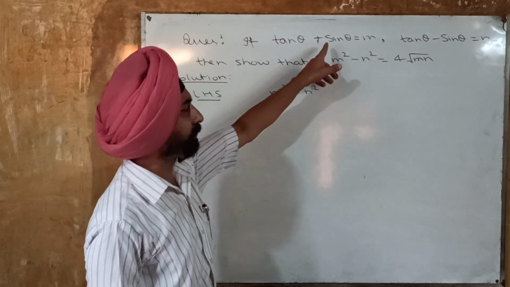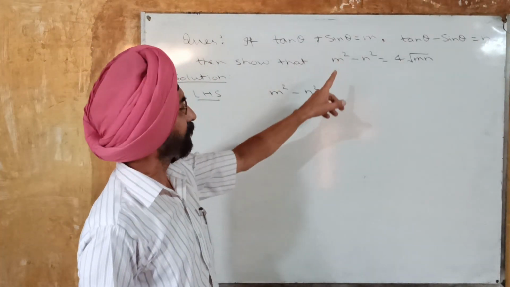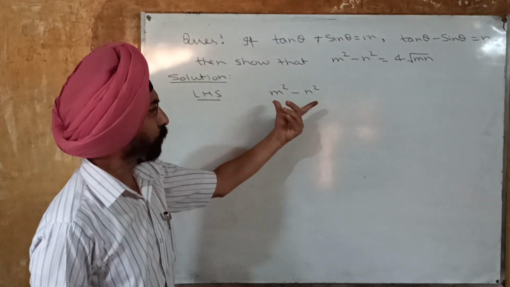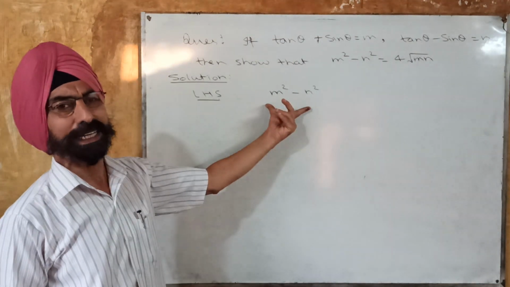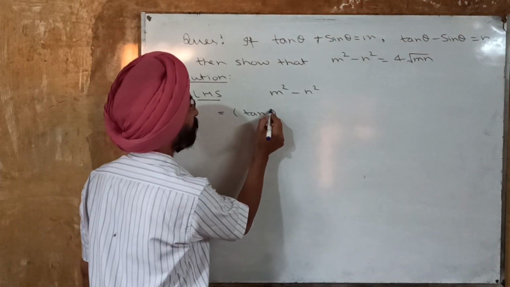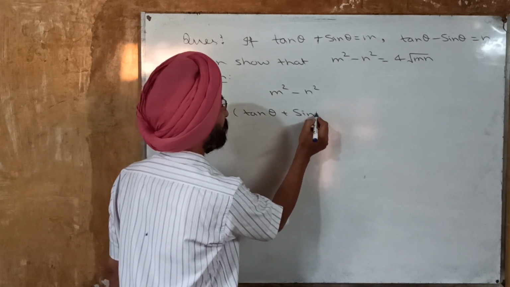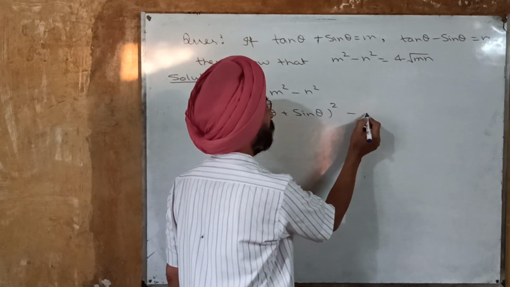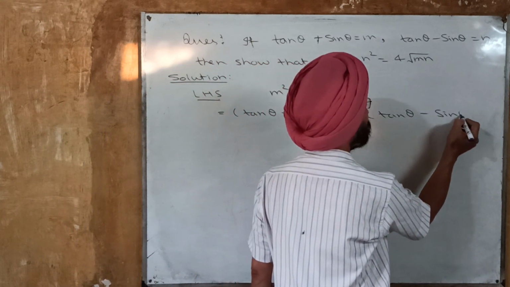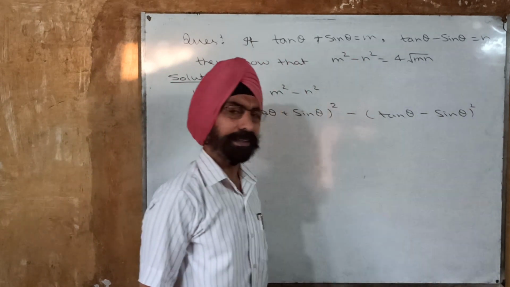Value of m is given to be tan theta plus sin theta, and value of n is given to be tan theta minus sin theta. So substituting the values of m and n, we will get (tan theta plus sin theta) square minus (tan theta minus sin theta) square.